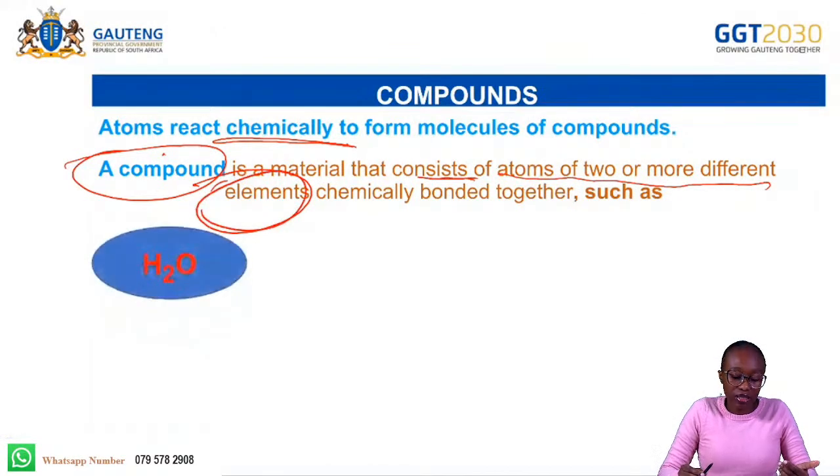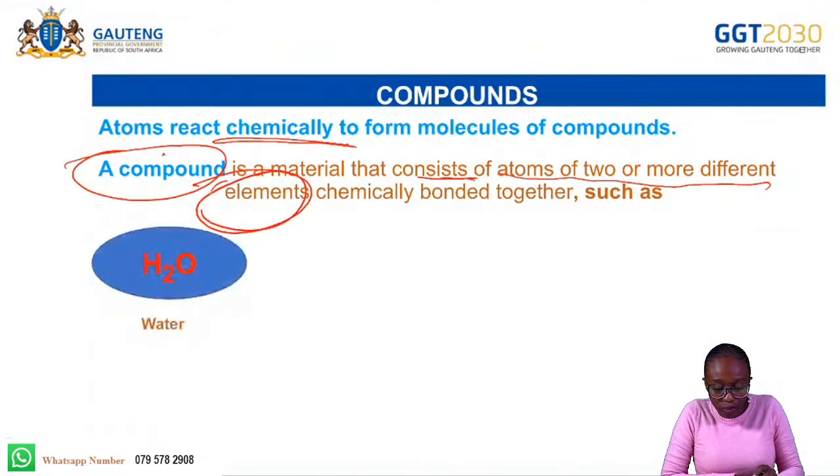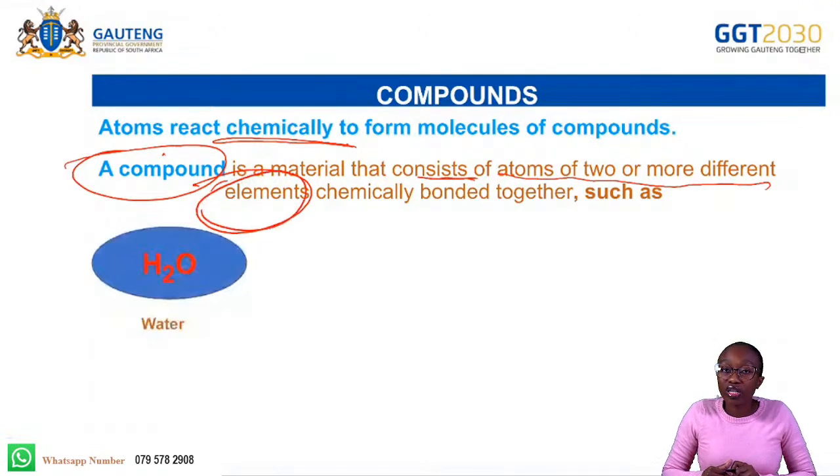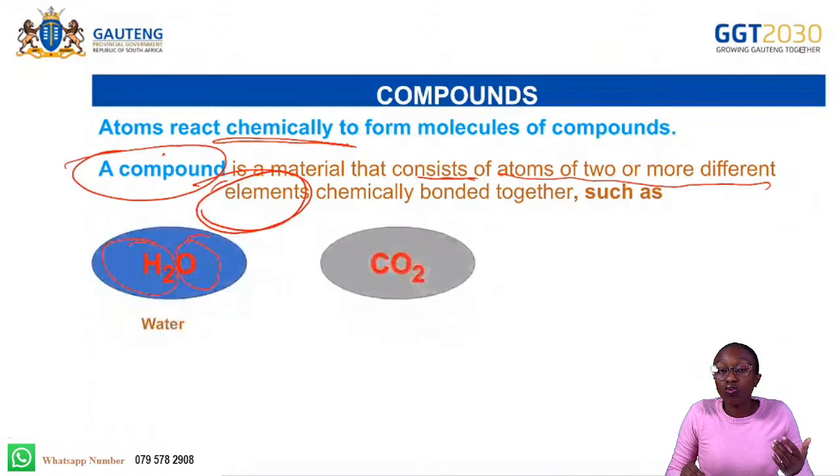Here are some examples of compounds. The first one is water. Why are we saying water qualifies as a compound? Water qualifies as a compound because we have atoms of two different elements: atoms of hydrogen and an atom of oxygen. And then we've got carbon dioxide.